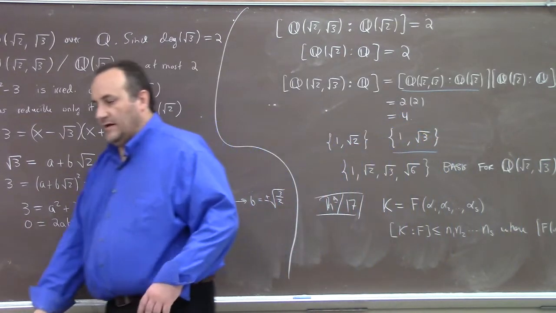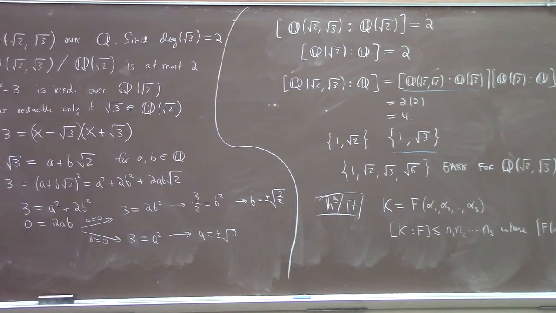So when you extend by a bunch of elements, the maximal degree that you can get is the product of the degrees of the elements by which you're extending. But that maximality is only attained in the case that the elements you're extending by are in some sense independent. Like the example we just worked through. Square root of 2 and square root of 3, they're minding each other's business.